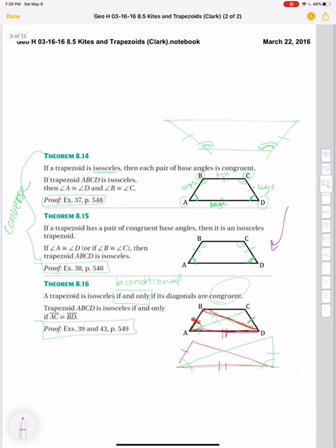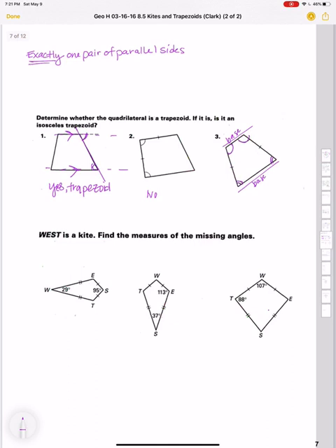And remember the second one right here, if a trapezoid has a pair of congruent base angles, then it's an isosceles trapezoid. So on this, we can say that it is an isosceles trapezoid, because the base angles are congruent to each other.